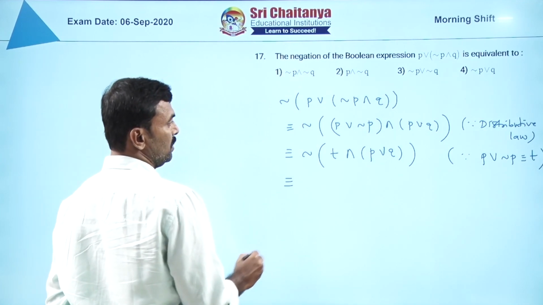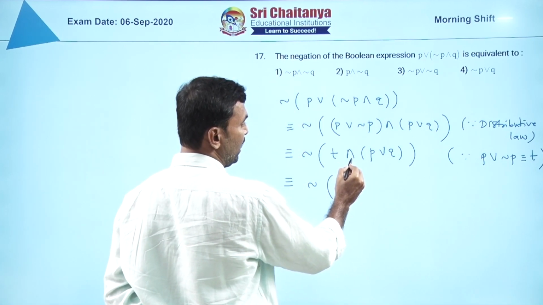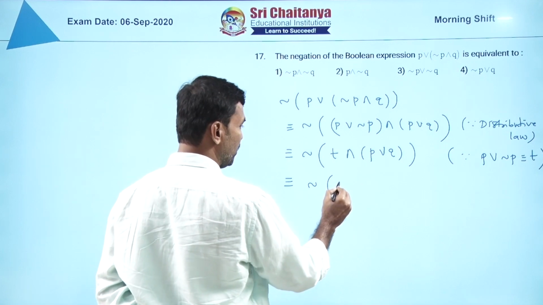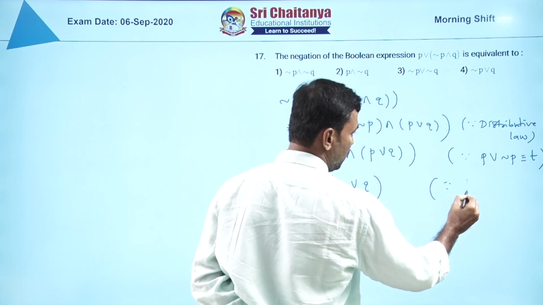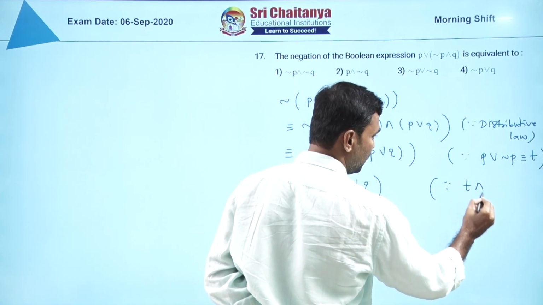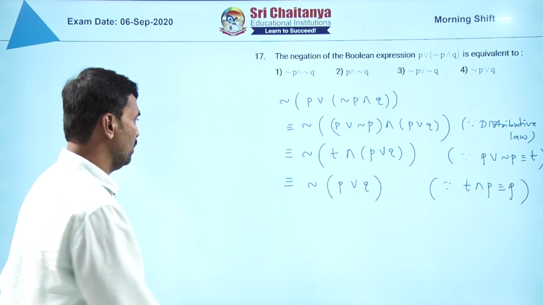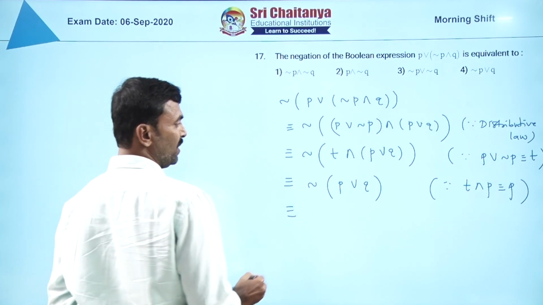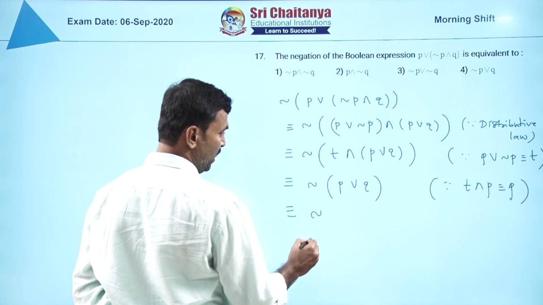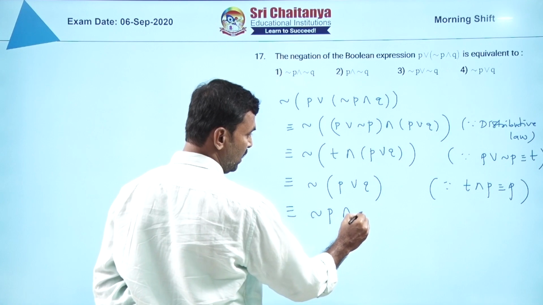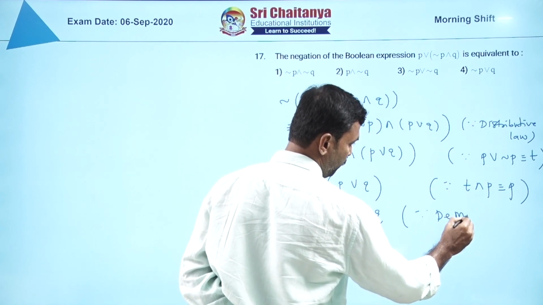Now, negation of (tautology and any statement) is the same statement, P or Q, since tautology and any statement is equivalent to the statement. So, this is equivalent to negation of (P or Q). By De Morgan's laws, you can write negation of P and negation of Q, since by De Morgan's law.